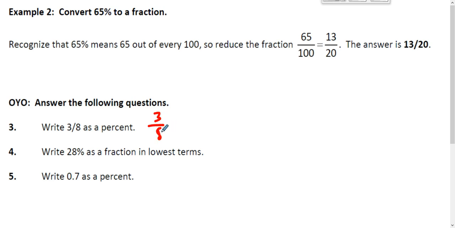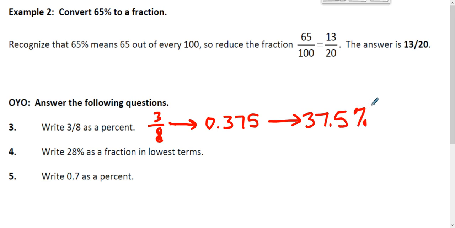3/8 as a percent. So 3/8 as a decimal is 0.375, which converts to 37.5%. And 28% as a fraction in lowest terms.